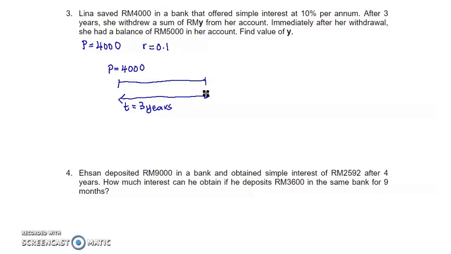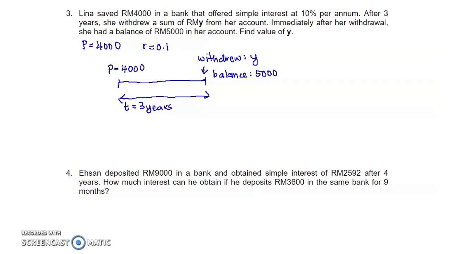So here withdrew Y ringgit. Immediately after her withdrawal means that at this point as well, the balance is 5,000 ringgit. Find the value of Y.